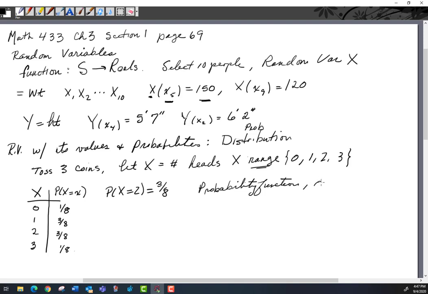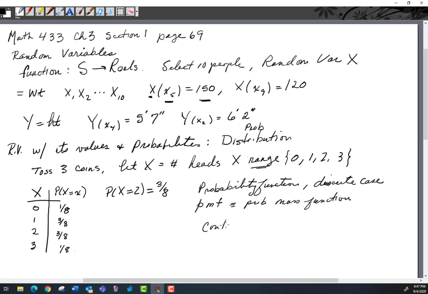And in the discrete case, this is very often called a probability mass function. Probability mass function.